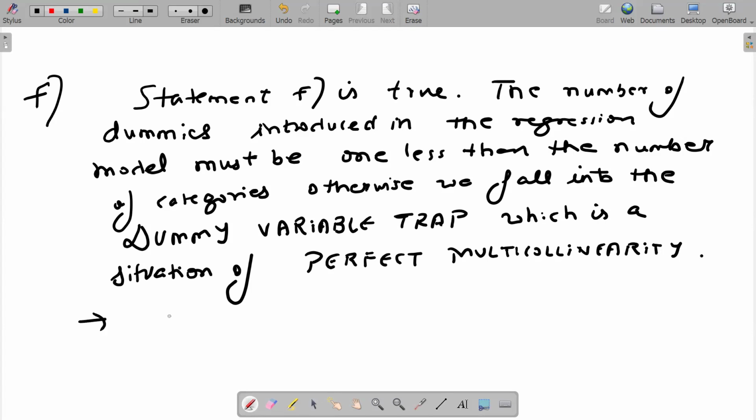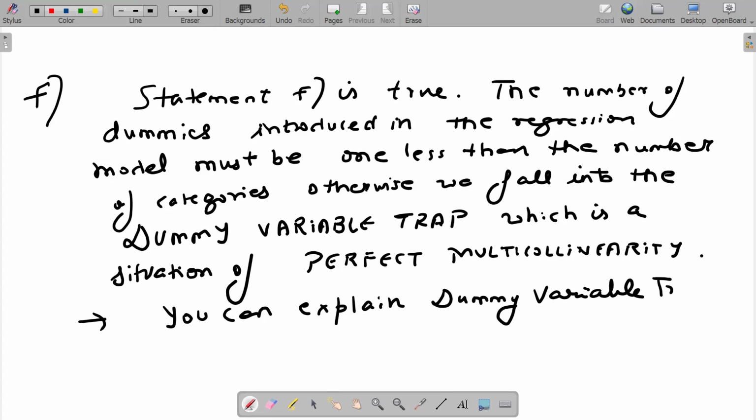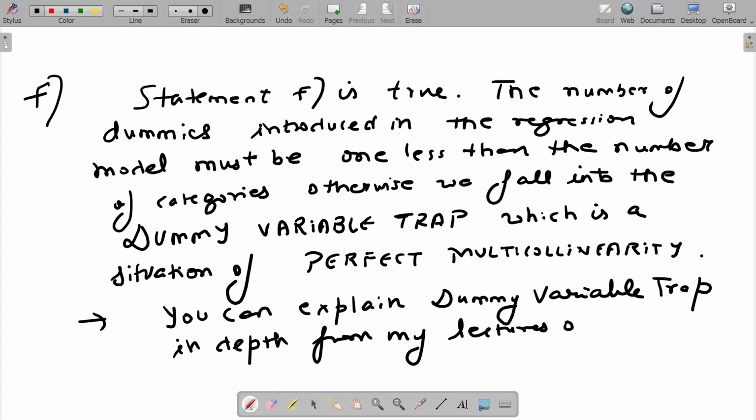Students, you can explain the dummy variable trap in depth from my lectures on dummy variables.